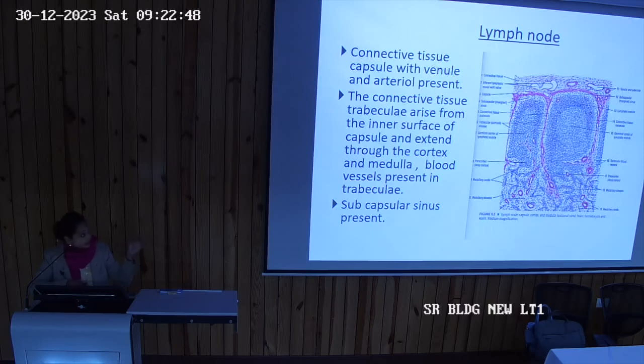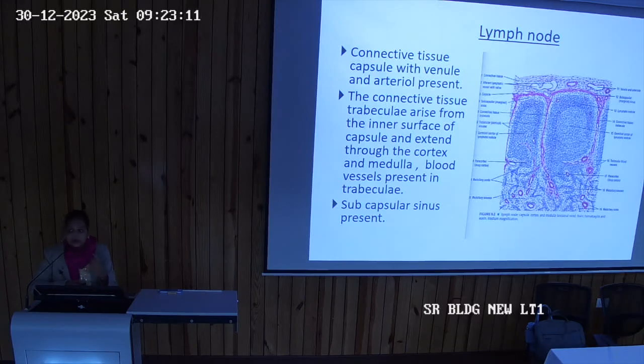Then medullary cords, linear fashion arrangement of lymphocytes. Then other than this medulla and cortex, there are sinuses which are present here. So the sinus just below this capsule part is the subcapsular sinus.